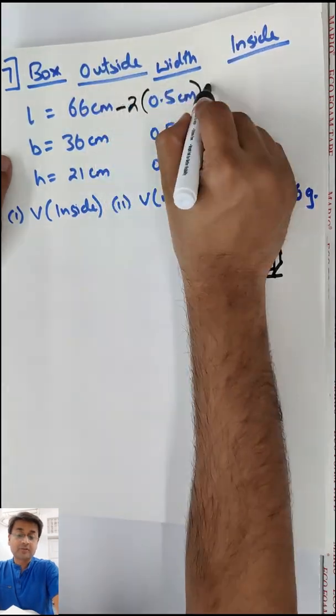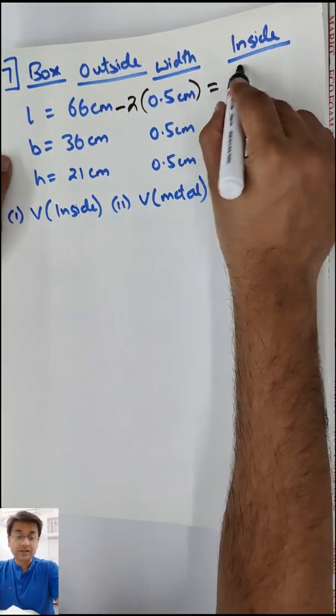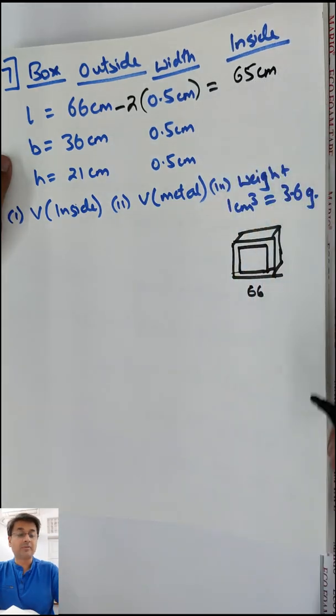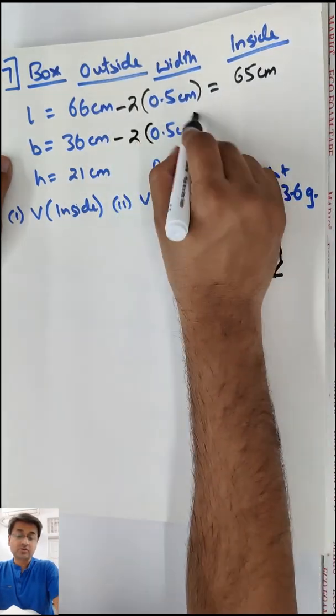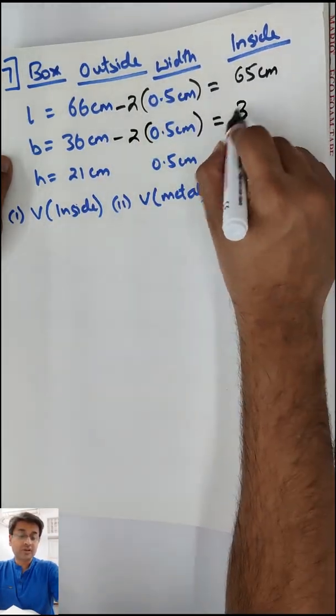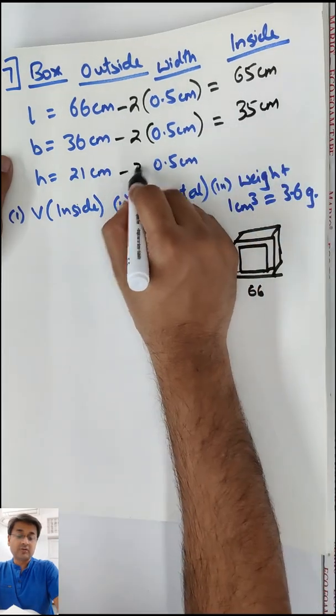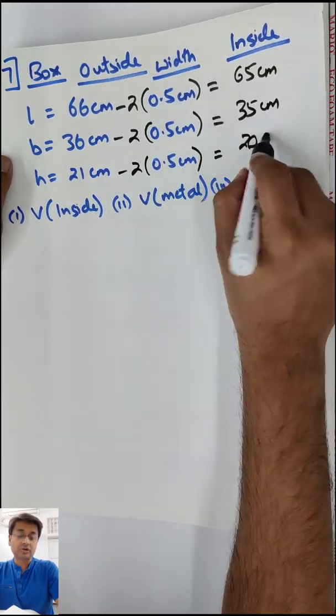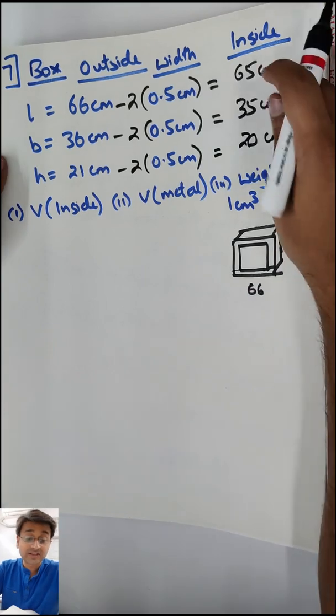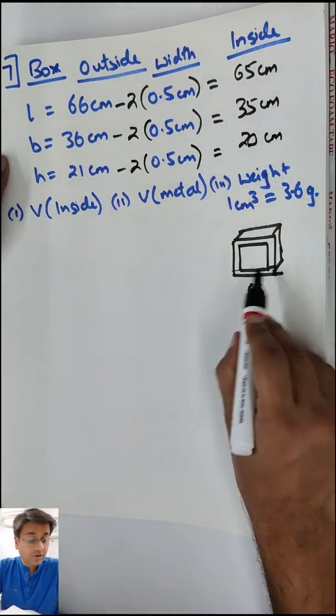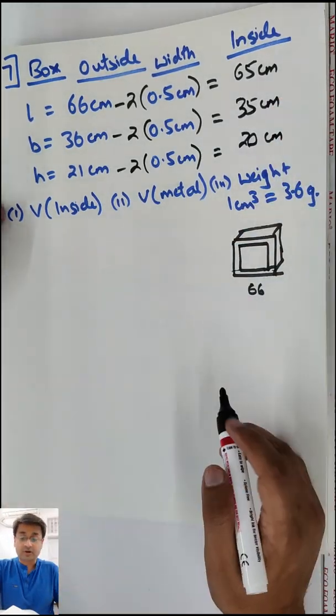Okay, so you'll have to subtract 1. So the inside length will become 65. Likewise 2 times breadth also, so 35, and likewise 2 times height also, so 20. So you will get your inside length, breadth, height. Why? Because both sides you are reducing 0.5.